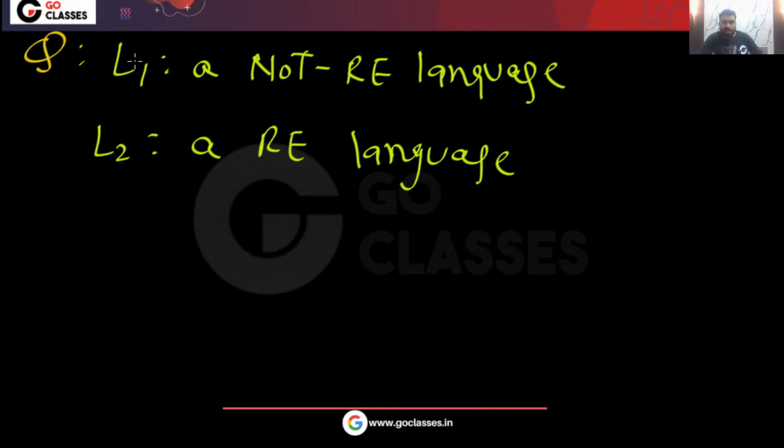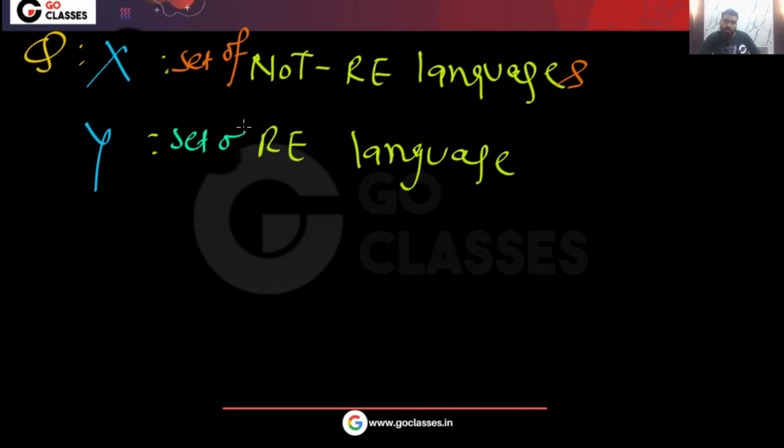But if I say X is the set of not RE languages. Okay, X is a set of all not RE languages. And Y is a set of RE languages. Now which is countable? Okay, please understand.